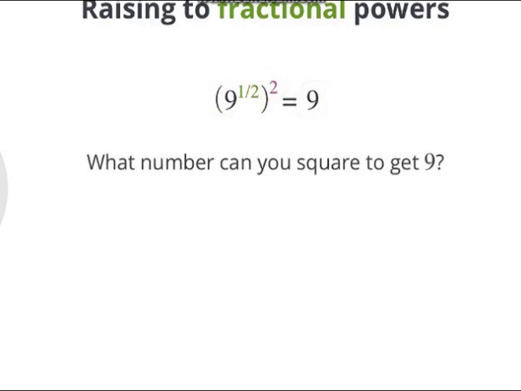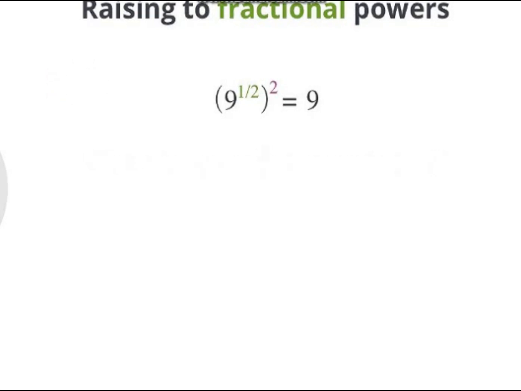Now what other number can you square to get 9? Three raised to the 2nd power is equal to 9, so one number you can square to get 9 is 3. Precisely, 3 squared equals 9, and that's because 3 is the square root of 9.